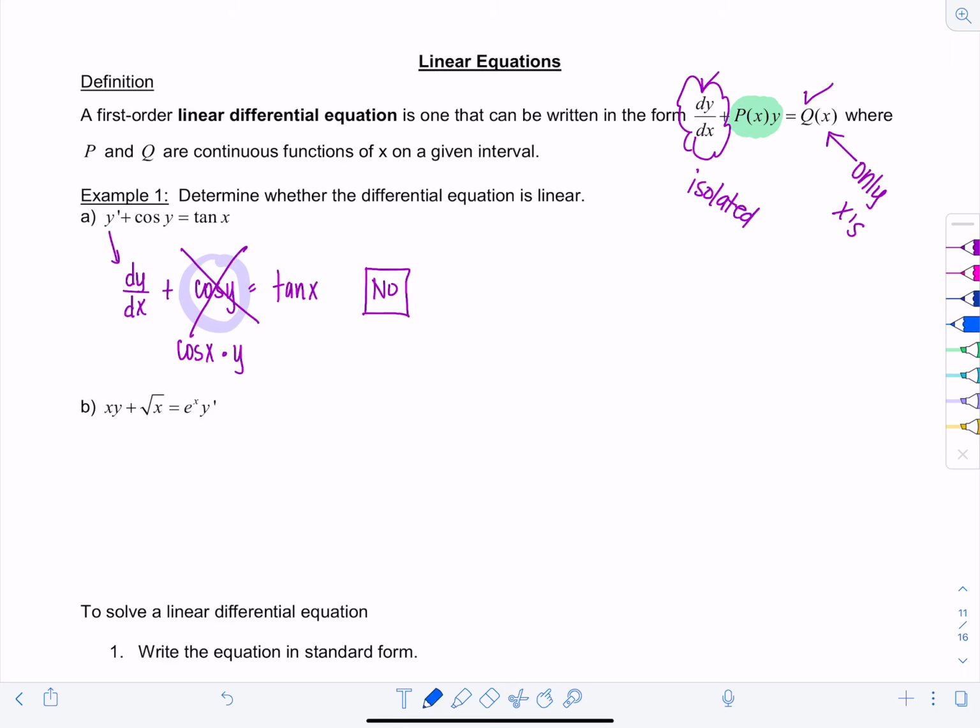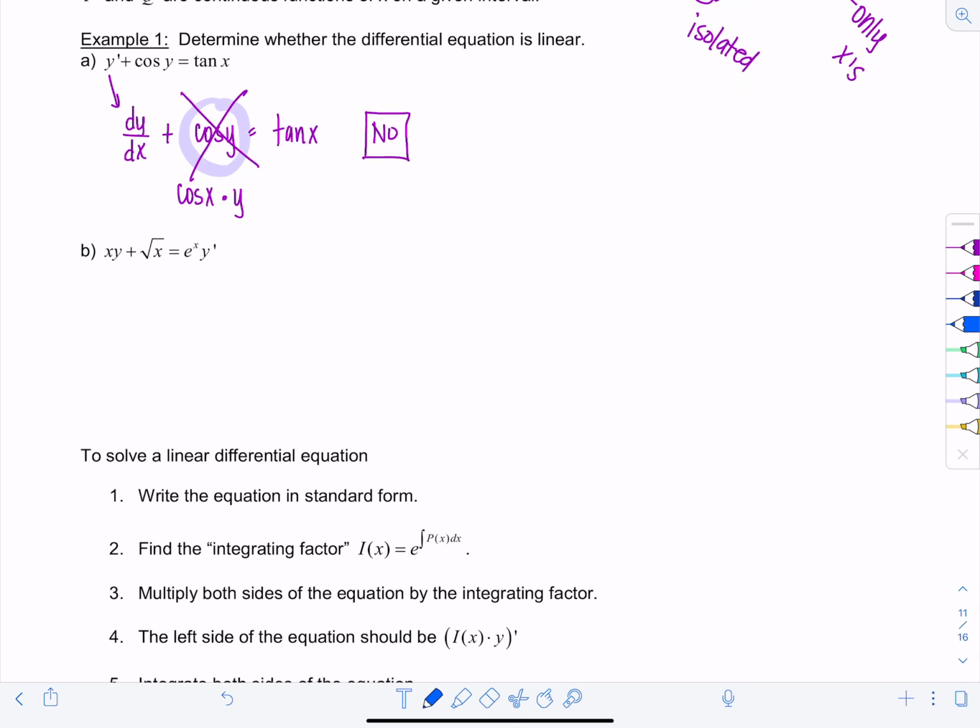Don't automatically say, oh, this is a no. Let's see. So I'm going to rewrite this as dy/dx times e to the x equals xy plus radical x. I want to get dy/dx by itself, so I'm going to divide everyone by e to the x. So dy/dx equals x over e to the x times y plus radical x over e to the x.